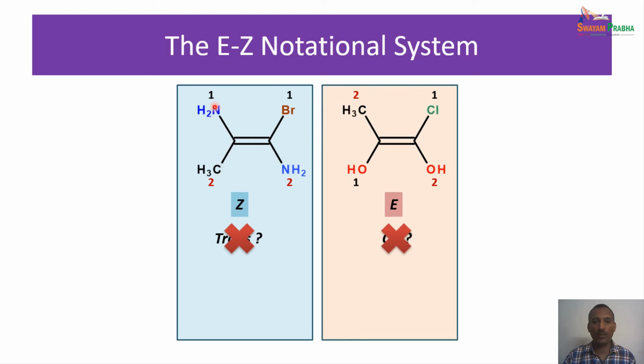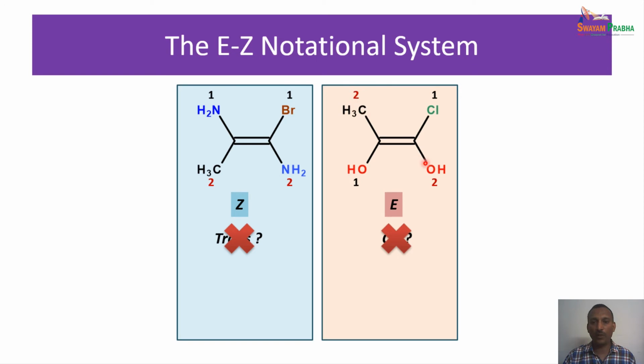So the nitrogen gets a higher priority, this is number 1, and the methyl group gets the second priority. In the second carbon we have bromine and NH2. Between bromine and nitrogen, the bromine gets the highest priority because its atomic number is higher compared to nitrogen. So in this particular case, the highest priority groups, the amino group and the bromine, are both on the same side. So this is a Z isomer and it is not the trans isomer.